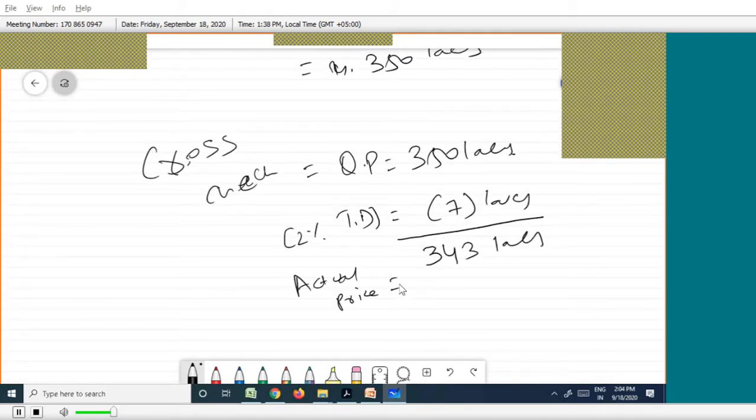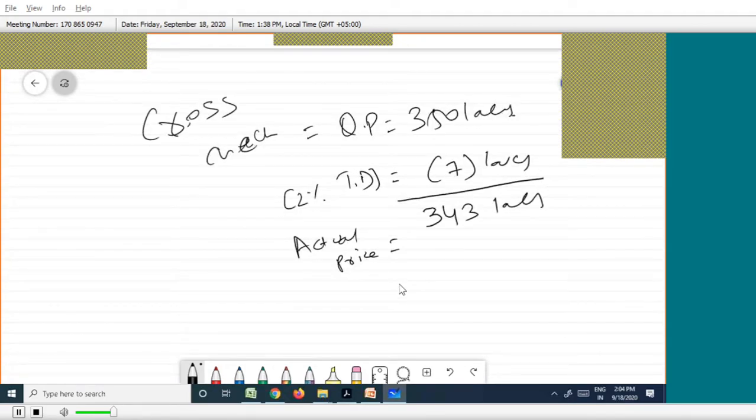Into 8% tax. 343 into 8%, how much? 27.44 lakhs.